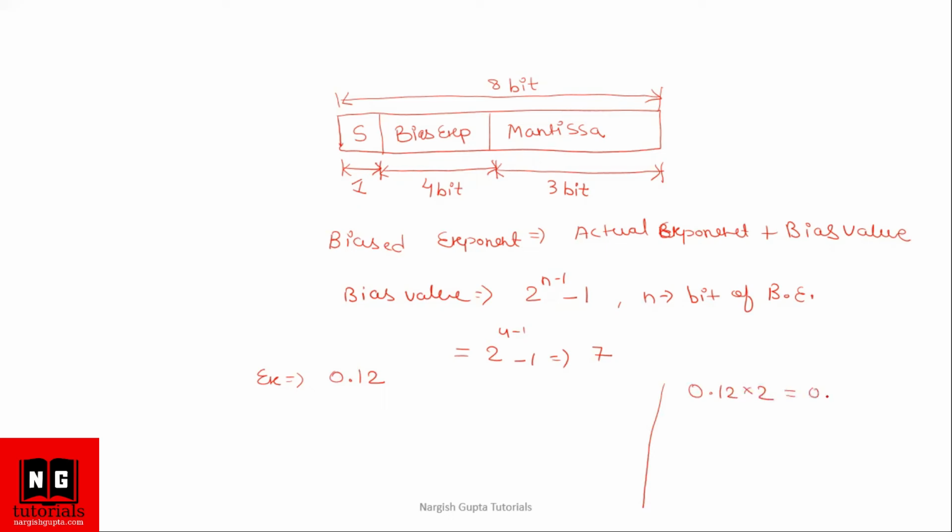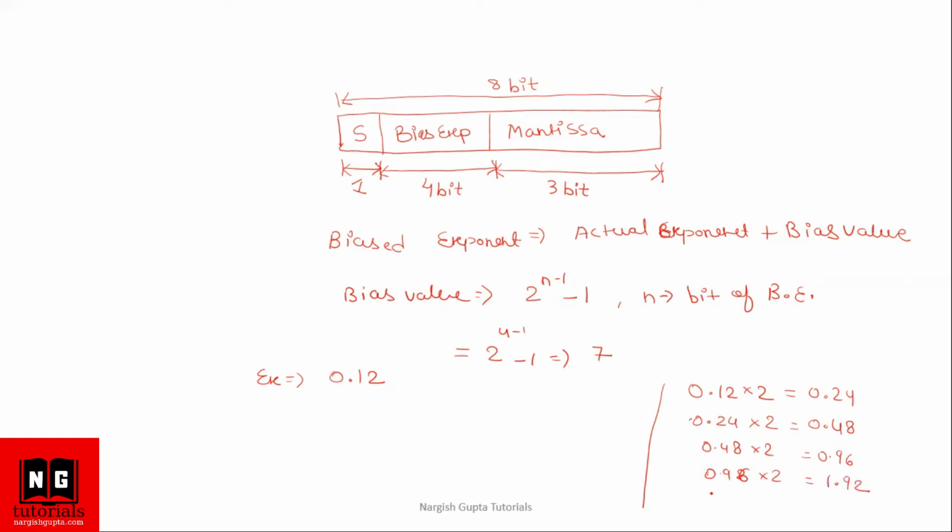So we will get 0.24. Again we multiply 0.24 by 2 and get 0.48. Now we multiply 0.48 by 2 and get 0.96. We multiply 0.96 by 2 and we get 1.92.